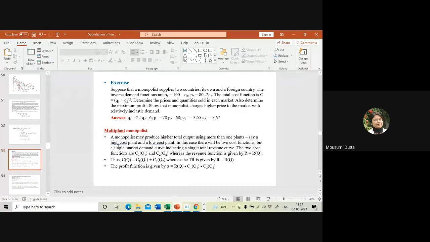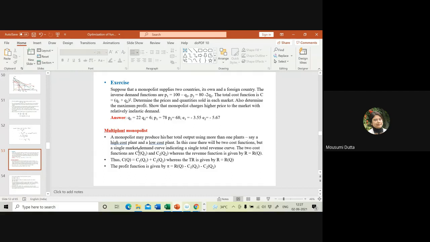Now, from the high-cost plant, we have a cost equation and a corresponding marginal cost equation. In the low-cost plant, we have a cost equation and a corresponding marginal cost equation. So I have C1 and MC1, and C2 and MC2.